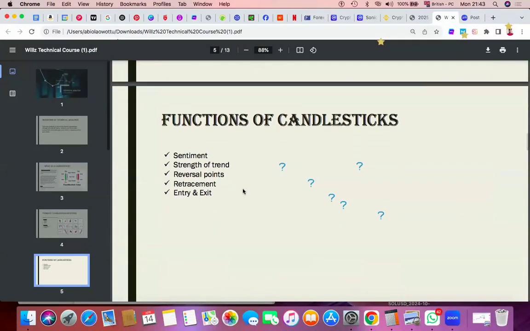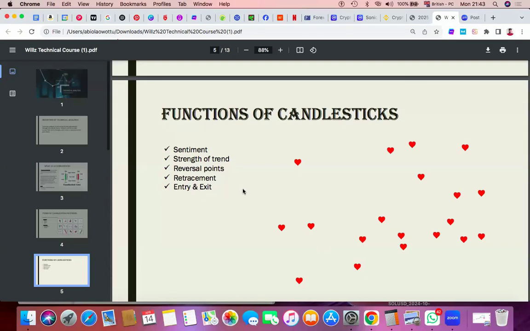So, functions of candlesticks, right? We have sentiments, strength of trend, reversal points, retracement, and then entry and exit, right? The sentiment we talked about last time when we were talking about technical analysis, and we also talked about the strengths and reversal points, retracement and exit.